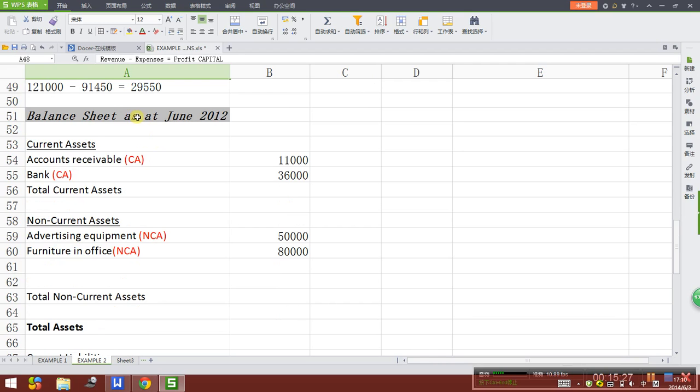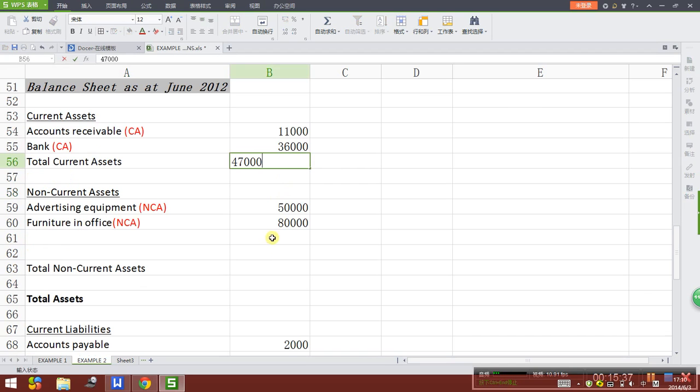The current asset, the total current asset is 37,000. In there is, so the total non-current are in there. Total asset is 177,000.